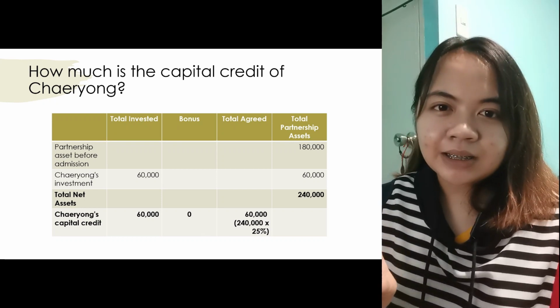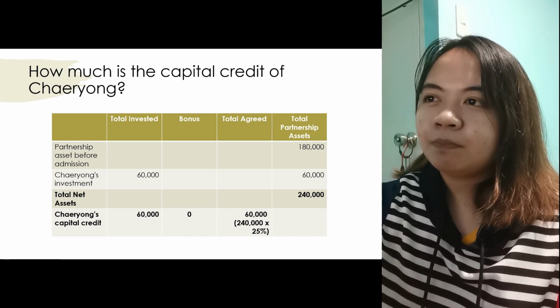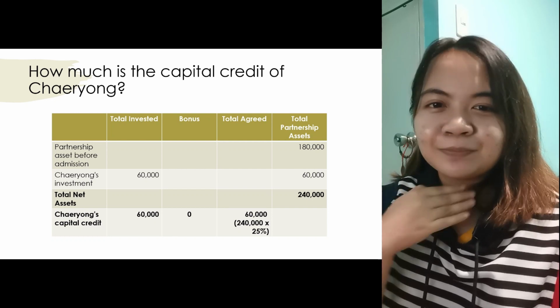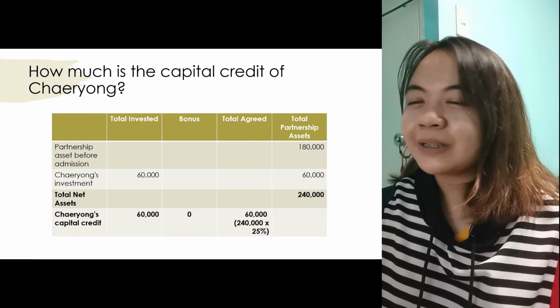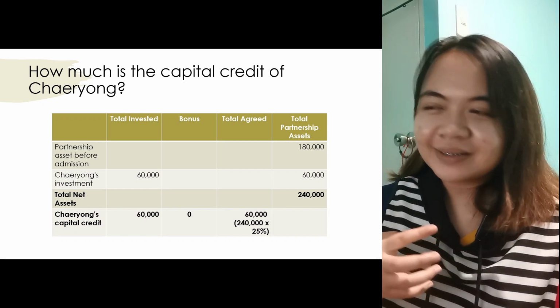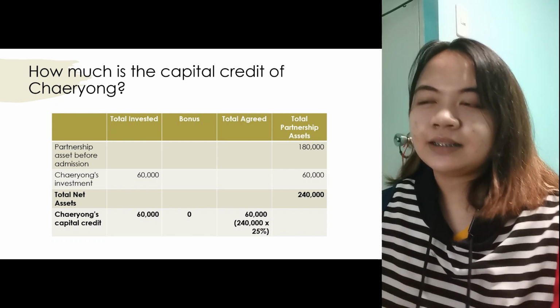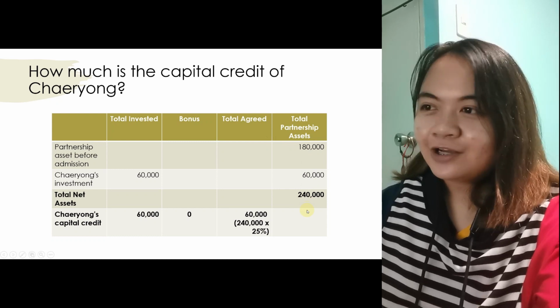So, ang total niyang binigay na cash is 60,000. Okay? Yung partnership, before the admission of Cheryong, assets ay 180,000. Okay? Nung pinasok na yung investment ni Cheryong, okay, naging total net assets na niya 180 plus 60, naging 240 na siya. Okay?